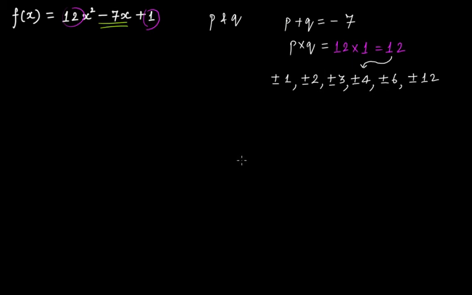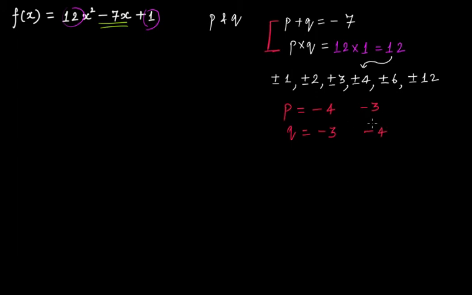Okay, now p plus q has to be minus 7 and p multiplied by q has to be 12. There is only one case where these two conditions are satisfied. You take p as minus 4 and q as minus 3, or p as minus 3 and q as minus 4.